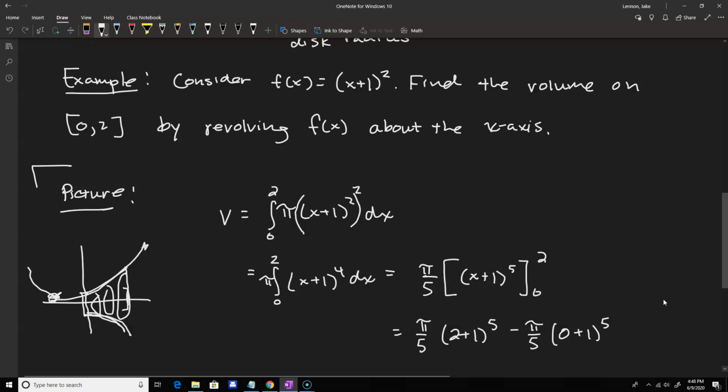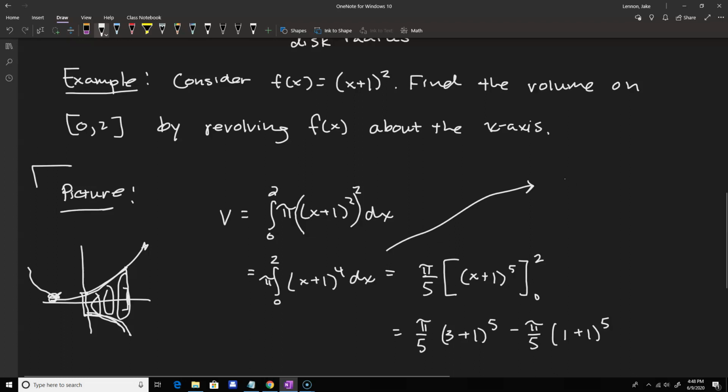in the U substitution, I did make one small mistake there. When we substitute u is equal to x plus 1, we are going to have to change our limits. So that's going to go from 1 to 3, not from 0 to 2 anymore, right?